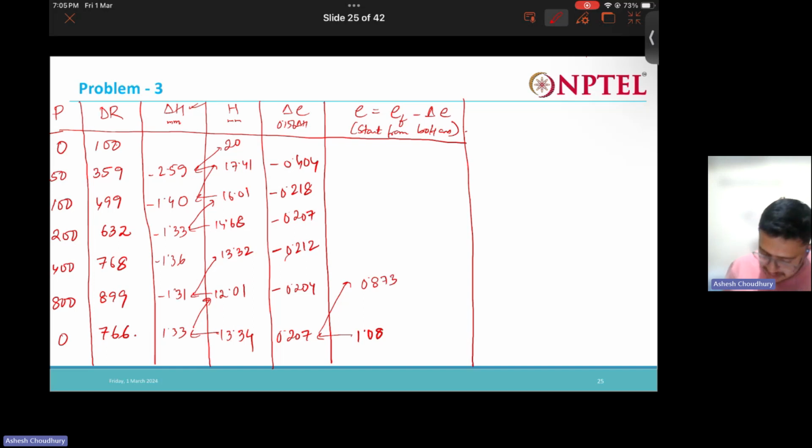Now 0.873 minus of minus, that means plus 0.204, 1.077. Same, plus 0.229.